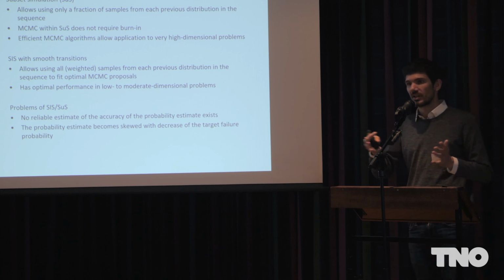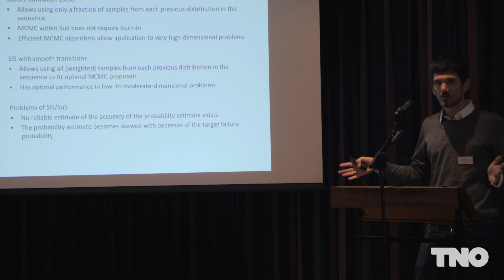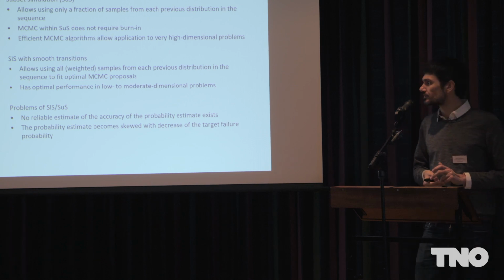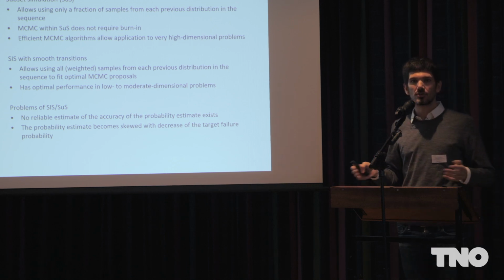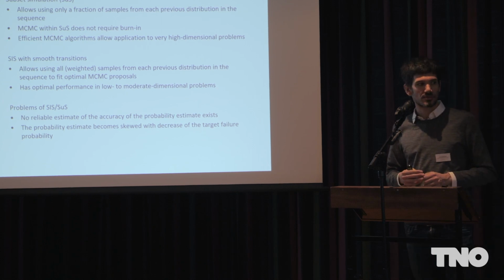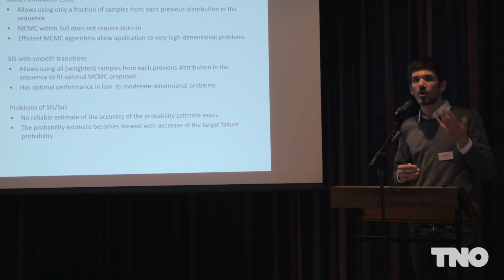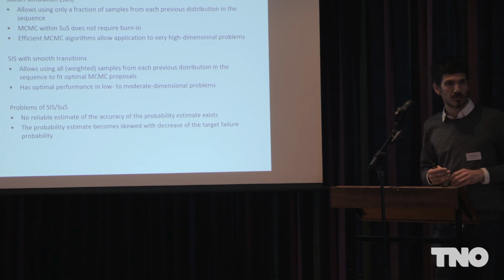So as we increase the number of estimates in the product, because of the central limit theorem, this is going to converge to a log normal distribution, which is positively skewed. This means that we more often are going to underestimate than overestimate the failure probability.